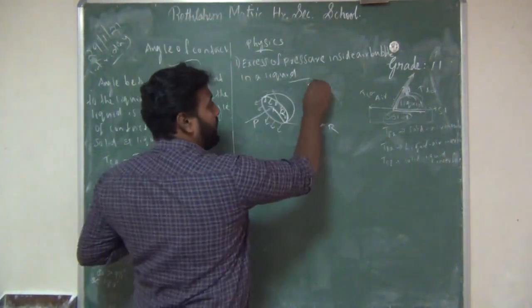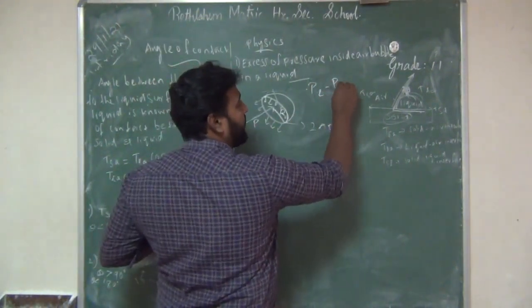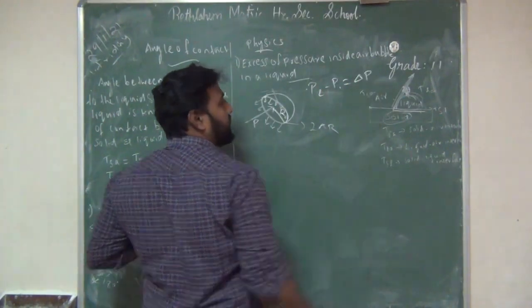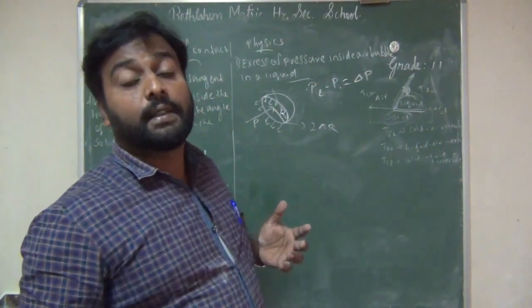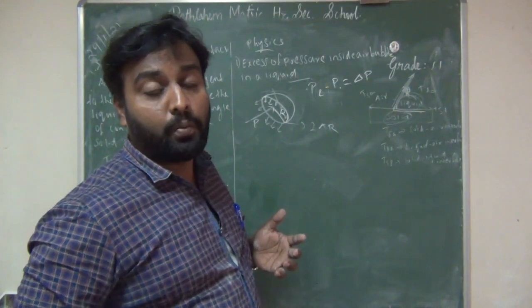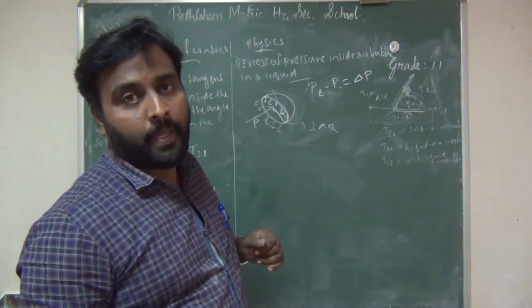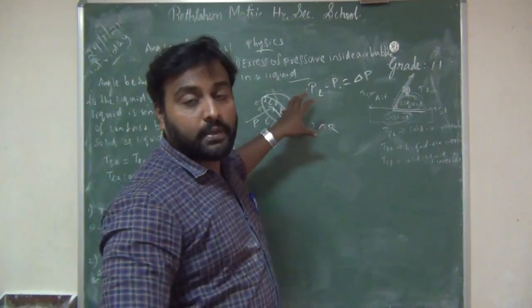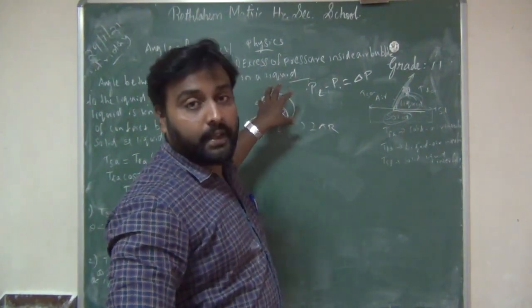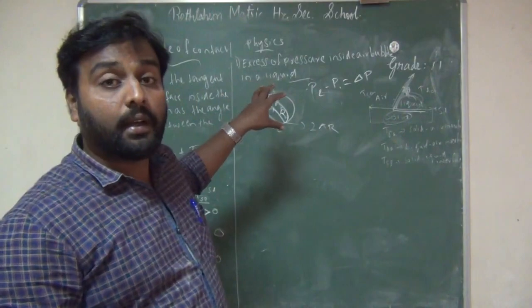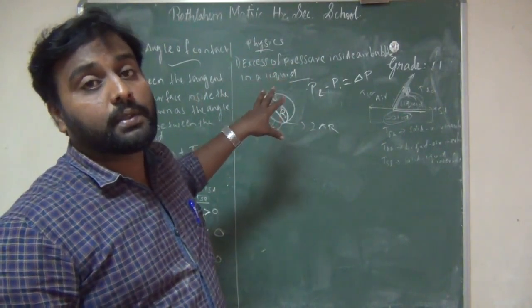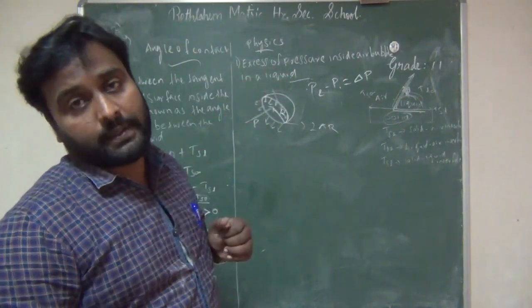We know that P2 minus P1 is delta P. There is a change in pressure inside and outside, P2 minus P1, we can write delta P. Now there are some forces producing this pressure inside as well as outside, due to the force acting from the surface tension.